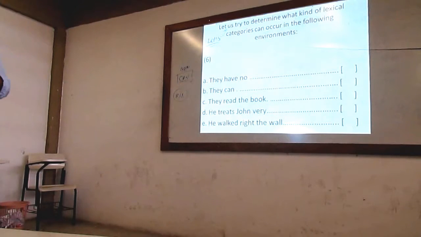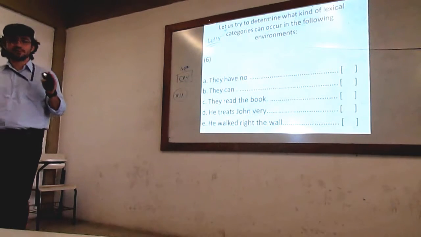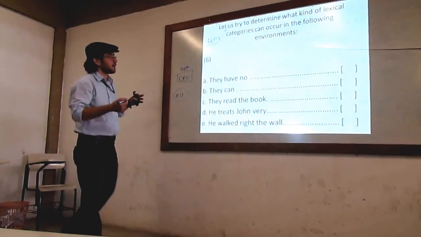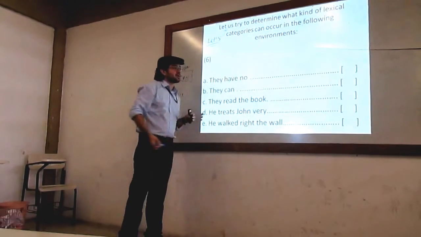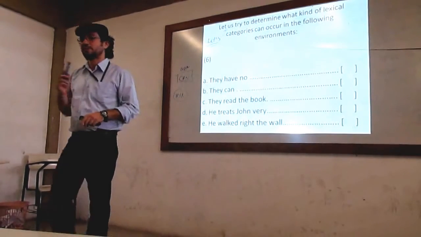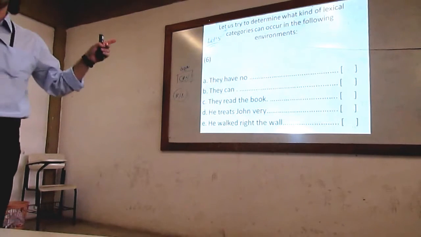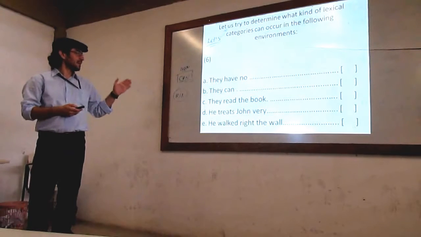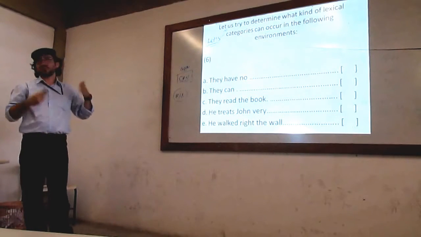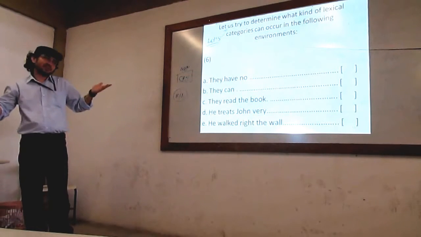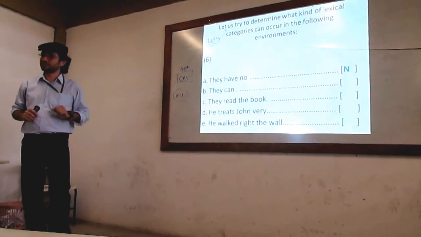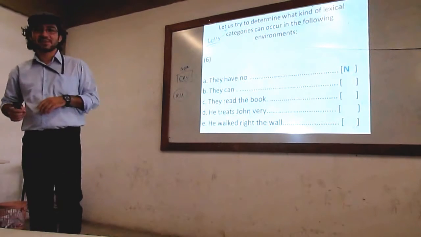Que tipo de classe, usando a intuição aí de nativos de vocês, do português mesmo, caberia melhor em cada um? Se é N, se é adjetivo, é V. They have no problem, for example. Problem could be a noun. Very good.